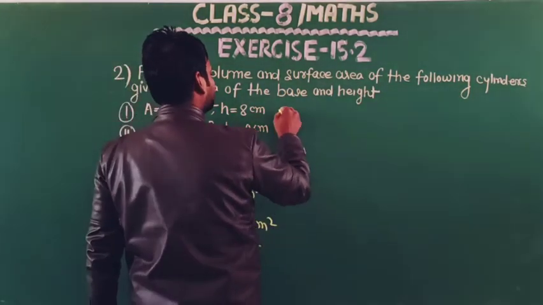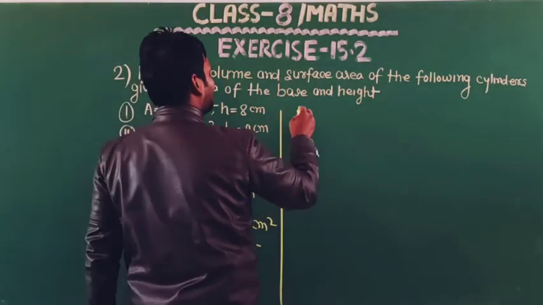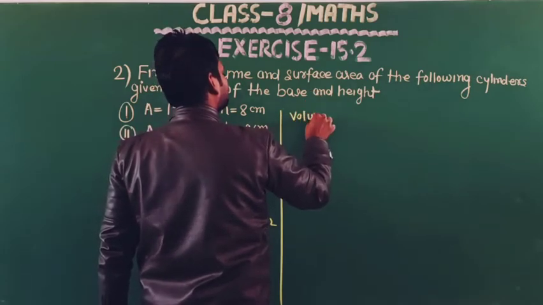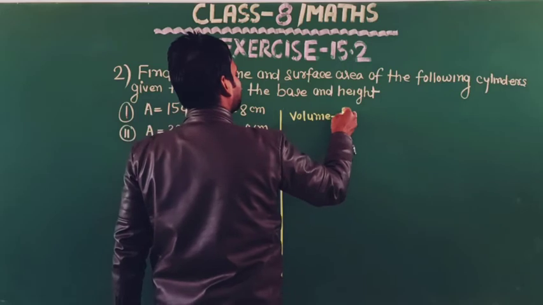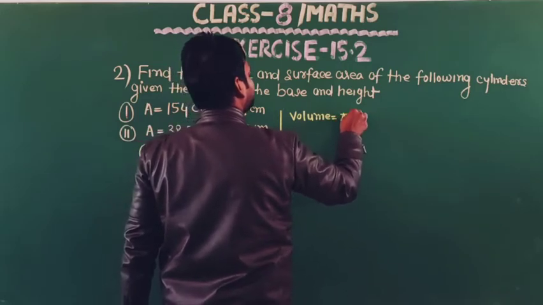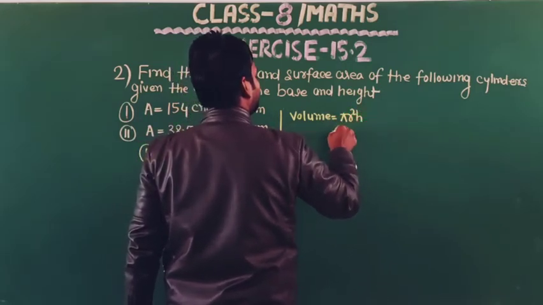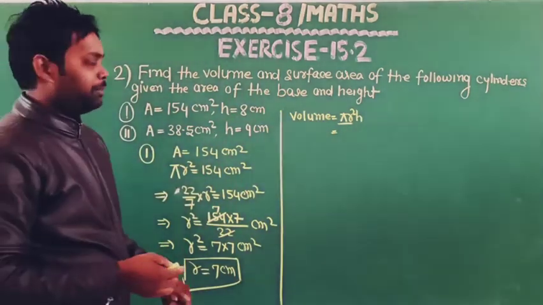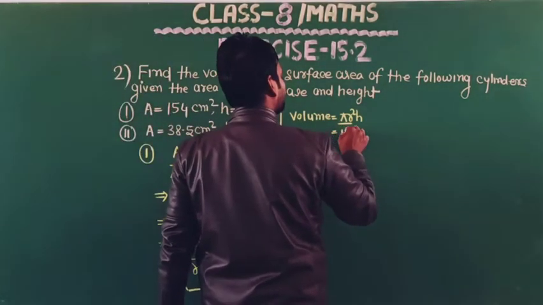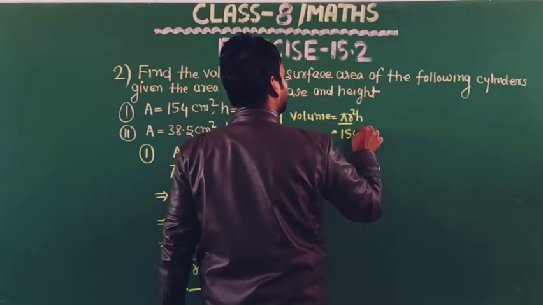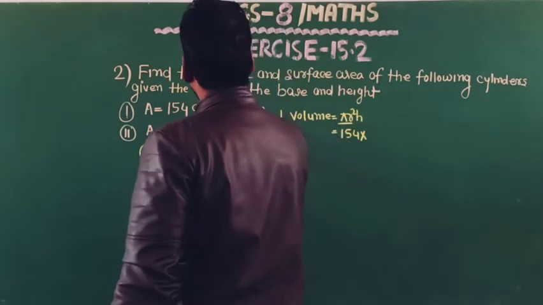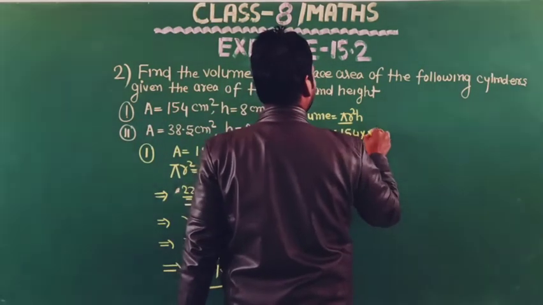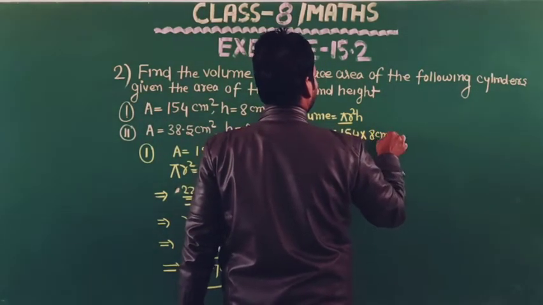We know the formula for volume, which is pi r square h. The value of pi r square is 154, so substituting 154 into height, which is given as 8 centimeter.